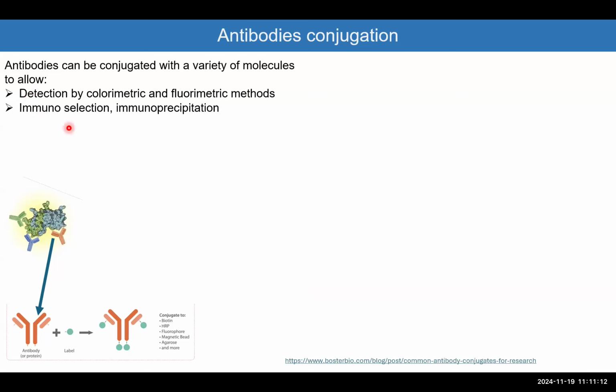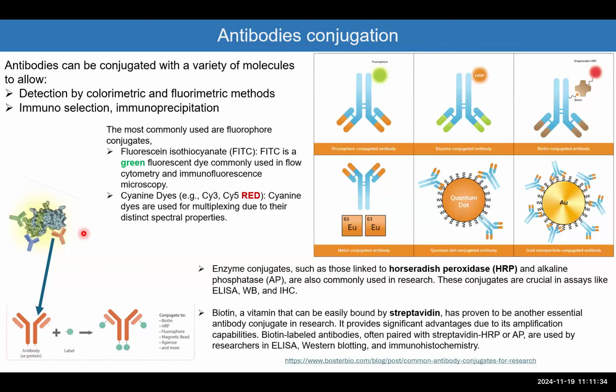We could, in principle, conjugate the antibodies with molecules that allow us to detect the antibodies. And therefore, if this antibody is detecting this protein and I'm able to detect that antibody, indirectly, I will detect that protein. So that's how it works.